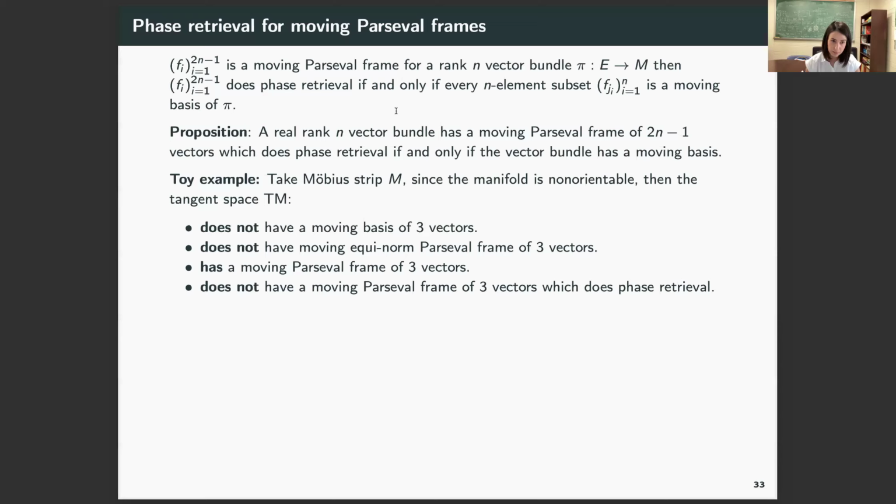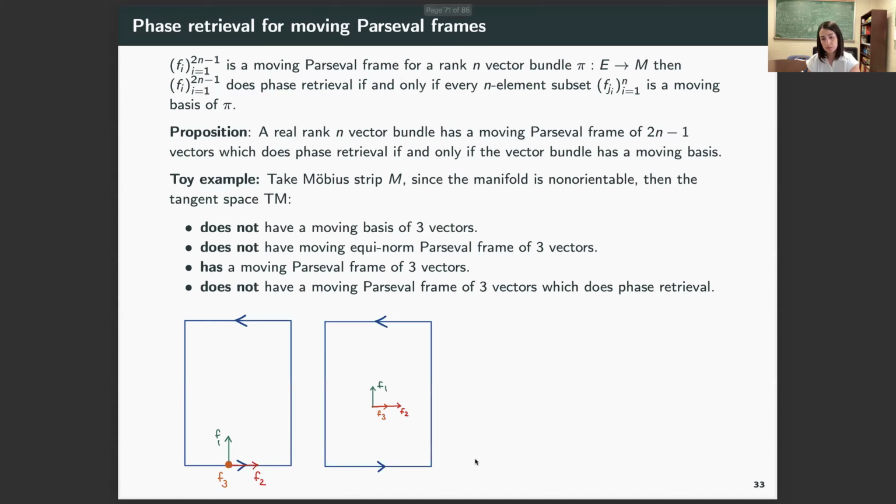So I'm going to give you an example of a Mobius strip that has a moving parsable frame of 3 vectors. If you take 3 vectors, and this is like the Mobius strip, we only have 2 options of 2 directions. If I'm starting with F1, F2, and F3 as a point here, then as it's moving along the way, F3 gets larger in the direction of F2, and F1 stays in the same place.